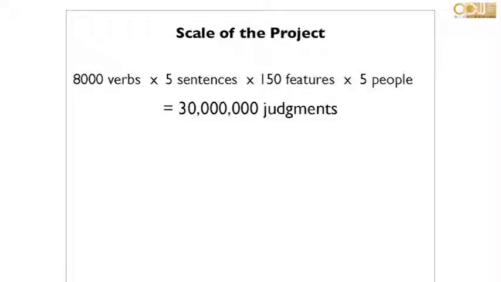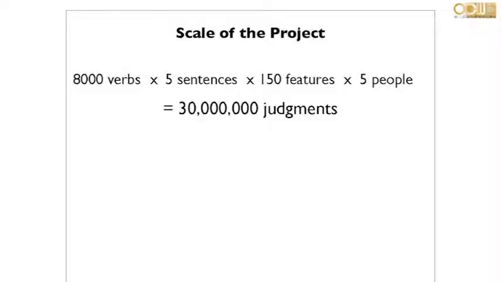And that is why when I said we're going to need multiple sentences per verb, that's what I meant. It turns out if you define syntactic frames the way I do and then extract this information from VerbNet, you end up with, on average, about 5 syntactic frames per verb. And that's why we have that multiplier of 5 in there.